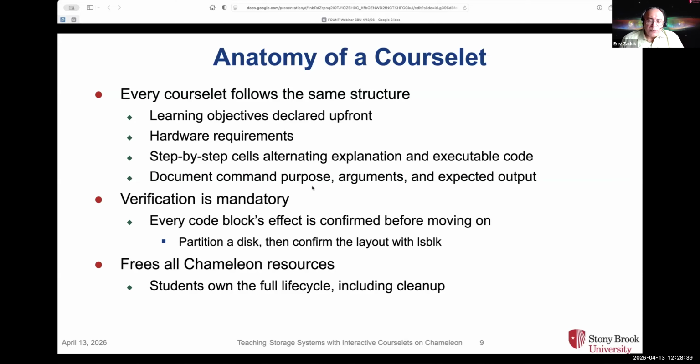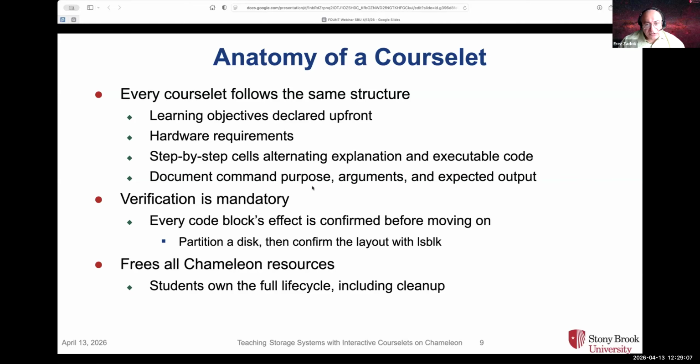Then we set up the hardware requirements for the particular experiments: what kind of CPU, how much memory, how many disks, how big they should be. And then you go through step-by-step cells that alternate between explanation and executable code. Every cell starts with a description of what you're about to see, what command is going to be issued. Then you run the command, and everything is well documented.